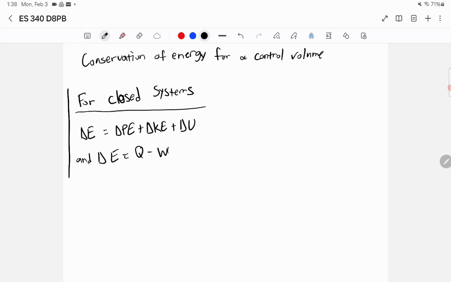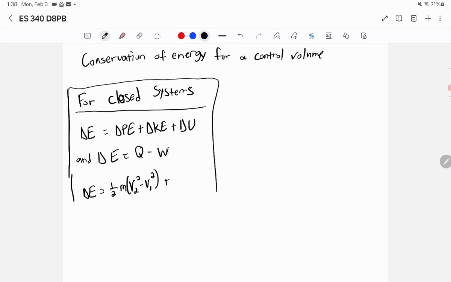Okay, but now let's actually write out some of these terms. So delta E is equal to 1/2 m (V2 squared minus V1 squared) plus mg(h2 minus h1) plus delta U, capital U2 minus U1.